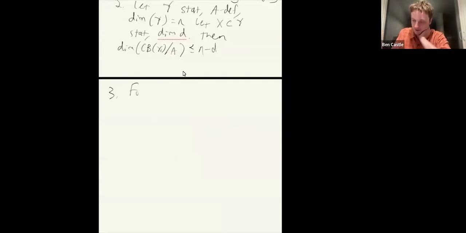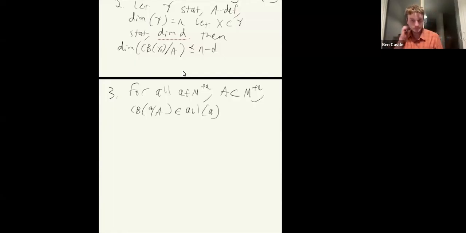Right, so for all A in M^eq and all A contained in M^eq, the canonical base of A over A is in the ACL of A. Okay, so you can see it's a very clean statement, but why is that the same thing? So, why is this the same?